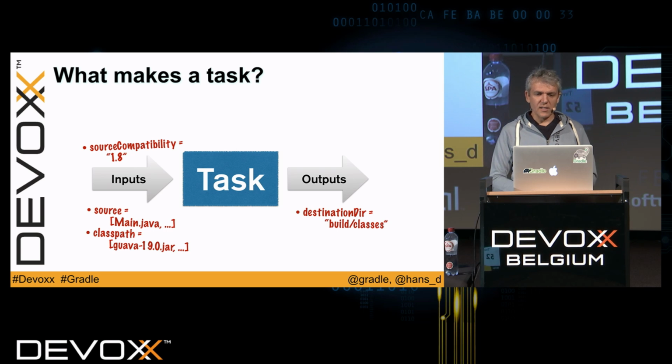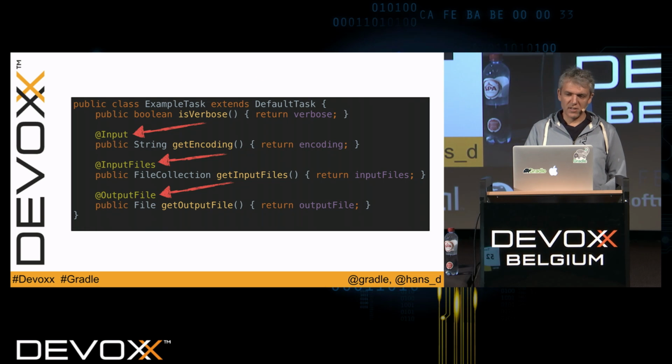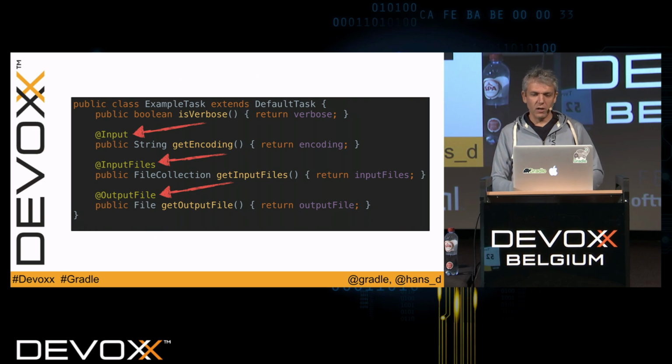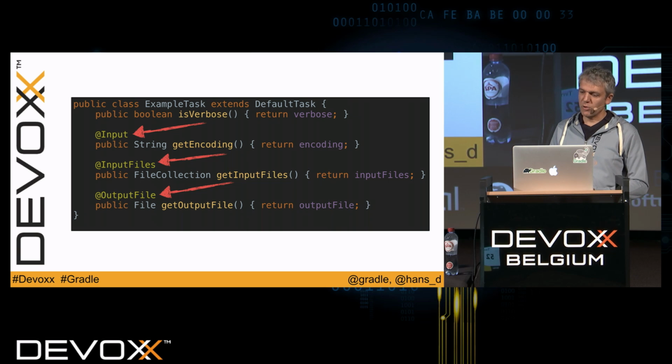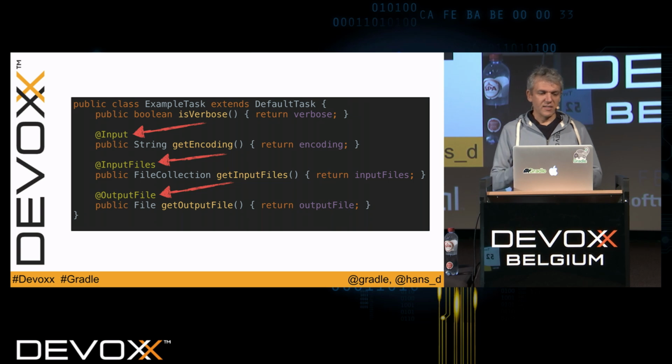So what is special with Gradle compared to the other Java build systems? Inputs and outputs are explicitly modeled in Gradle. Every Gradle task that ships with Gradle has its getters annotated to describe the inputs and outputs. And you can do that for your custom tasks when you're extending Gradle.